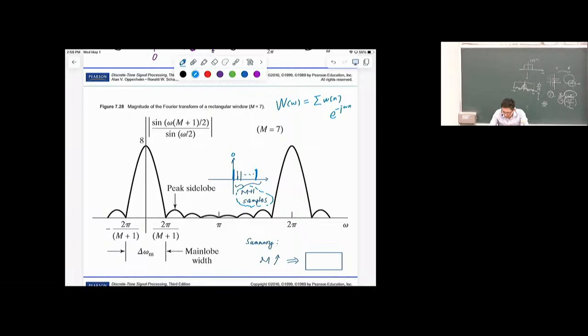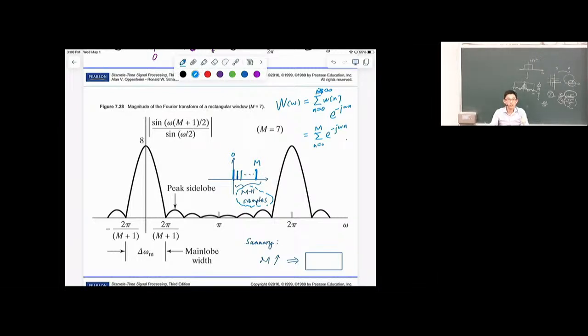Here n is from 0 to M. A total of M plus 1 samples means that in the textbook the time lasts from time 0 to time M. And since the rectangular window is just 1, w is all 1, so now we sum from 0 to big M, e to the minus j omega n.